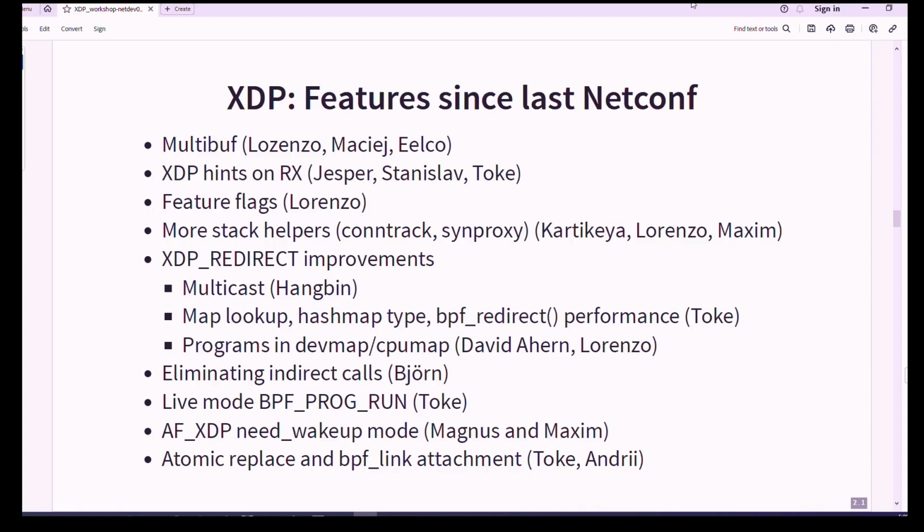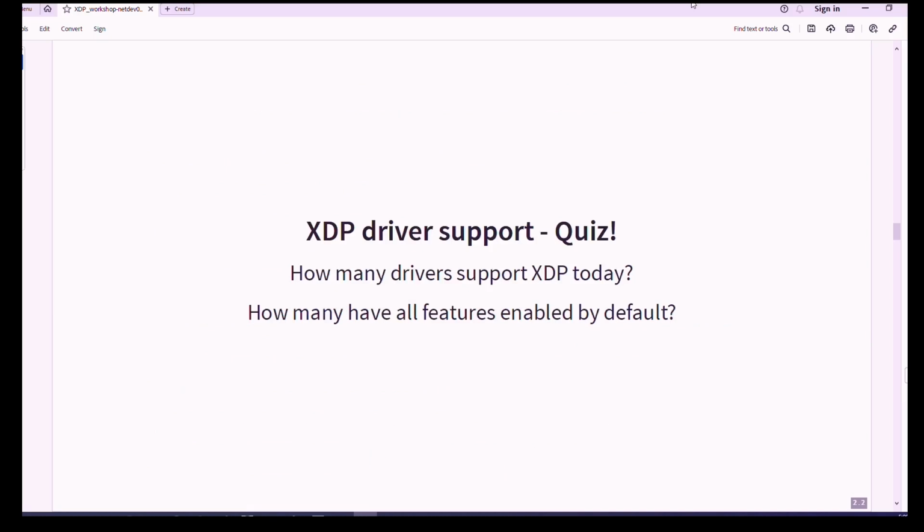And then we have some improvements around atomic replace of the program attached via netlink or BPF attachment that locks out other netlink or other attachments. So that's just a general overview of all the high level stuff, just so people are aware what's actually going on here. Next slide, please.